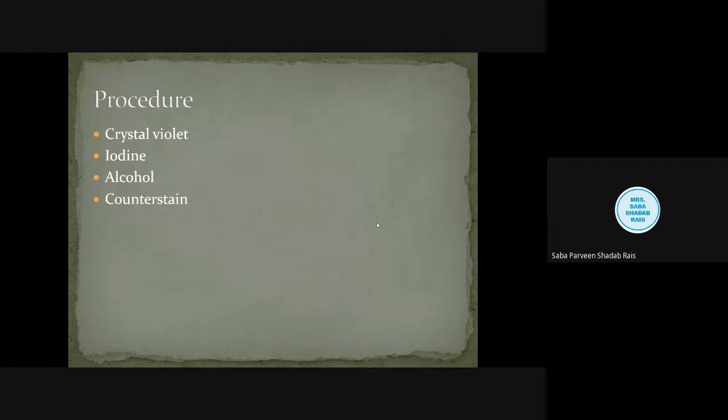This 4 to 40 times thick peptidoglycan layer is going to become very hard and shrink. Because of the shrinking, the cell wall will become very hard, and it is going to lock in the CV-I complex, the complex which was formed after adding the iodine.